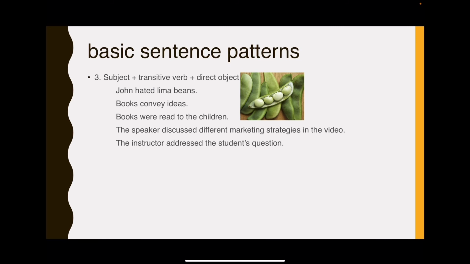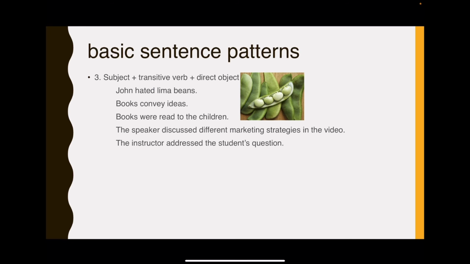So we just follow the basic sentence patterns. Like the first one, "John hated lima beans." John is the subject, hated is the transitive verb, and lima beans is the direct object of this sentence. What about the others? "Books," subject, "convey," transitive verb, and "ideas," that is the direct object.